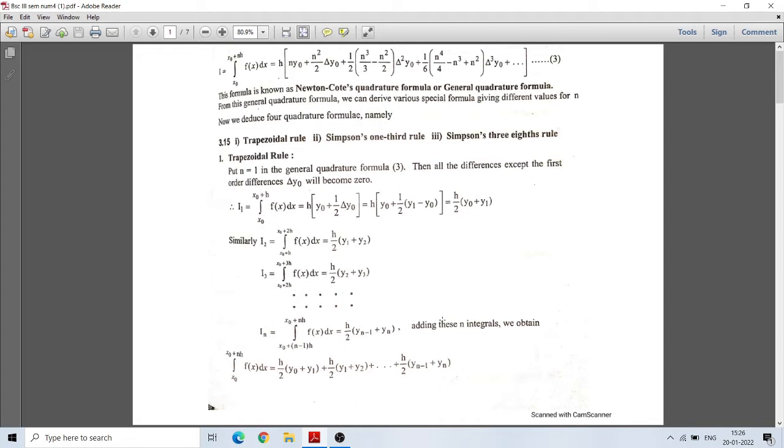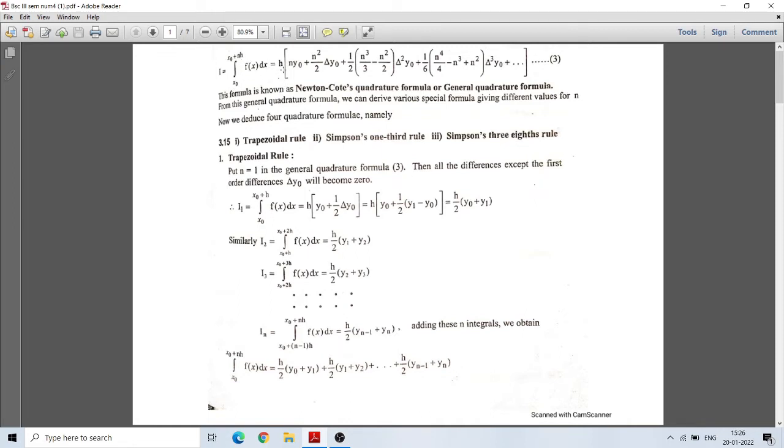Then, using Newton's Gregory interpolation formula, we know very well what f of x is. F of x is equal to y naught plus p delta y naught plus p into p minus 1 by 2 factorial delta square y naught plus and so on. From this we will get the quadrature formula. I is equal to the integral over the limit x naught to x naught plus nh of f of x dx.